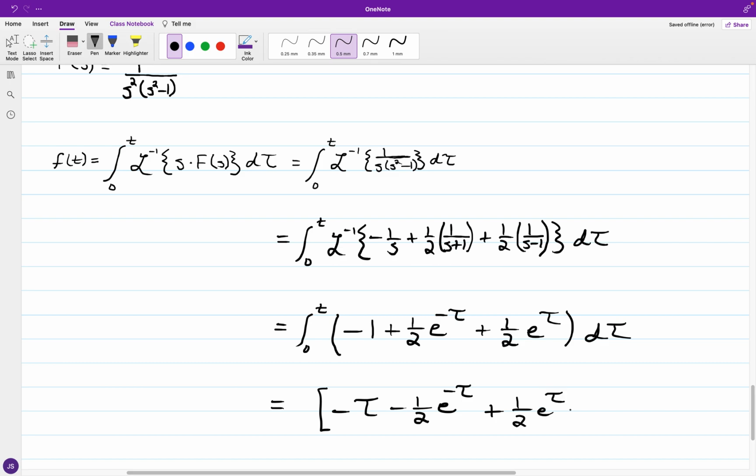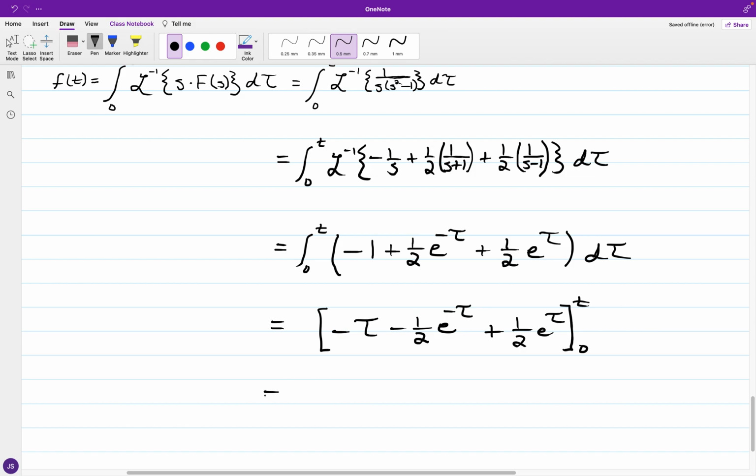With the limits of integration, the lower limit is 0 and the upper limit is t. From the upper limit, we have negative t minus 1/2 of e to the negative t, plus 1/2 of e to the t.